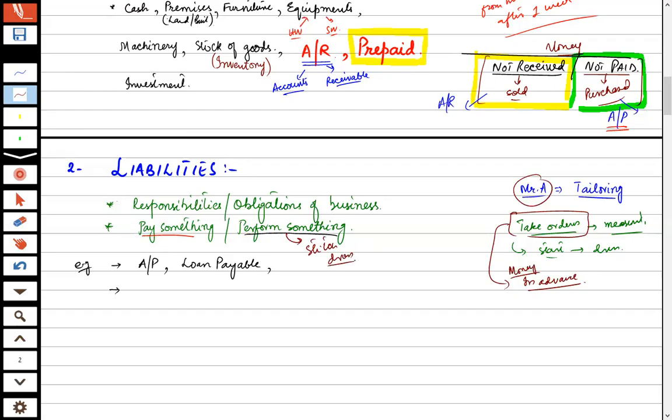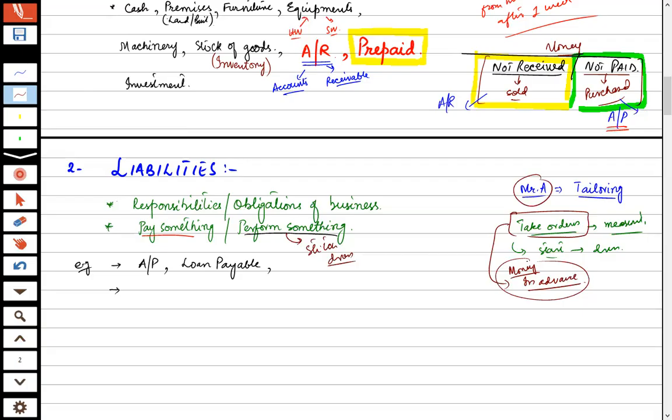Is this his responsibility or not? This case arises in services, where we take money in advance. That money is not ours; it is not yet halal. Once we deliver the thing, then that money becomes halal for me. So it is my responsibility to perform something.